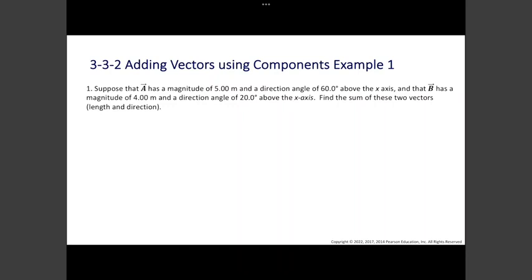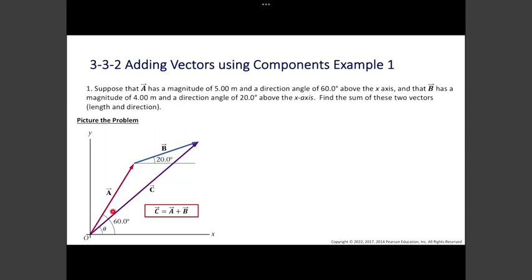So let's solve our previous example by using components. We have vector A, which has a magnitude of 5 meters and an angle of 60 degrees above the x-axis, and B has a magnitude of 4 meters and a direction angle of 20 degrees above the x-axis, and we are asked to find the sum of these two vectors.